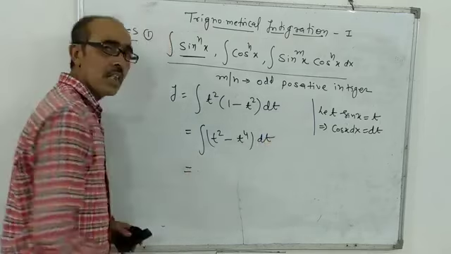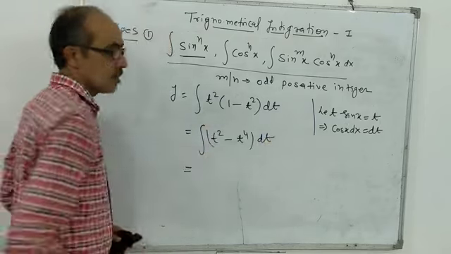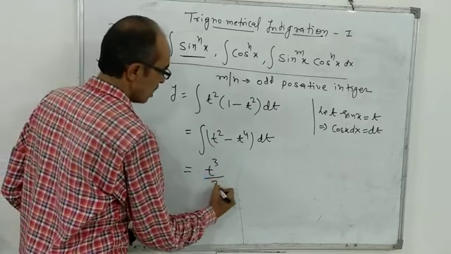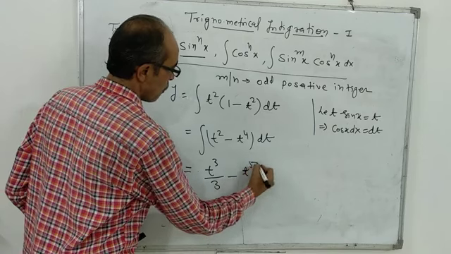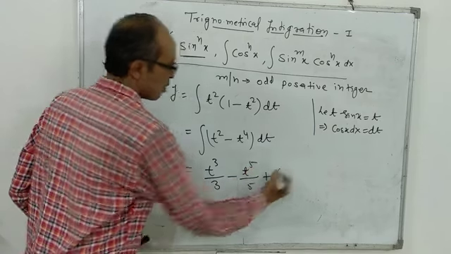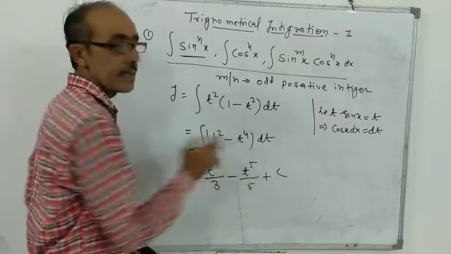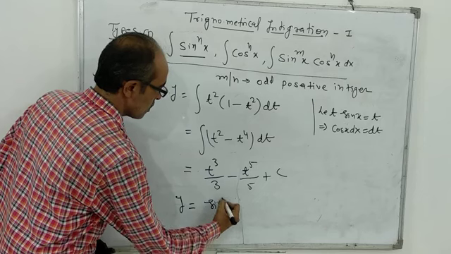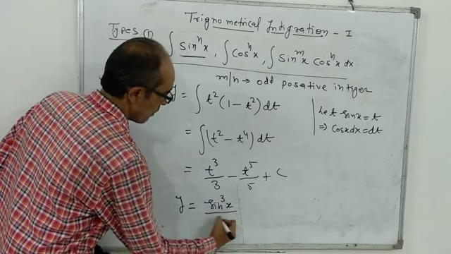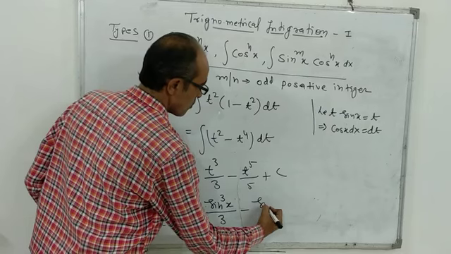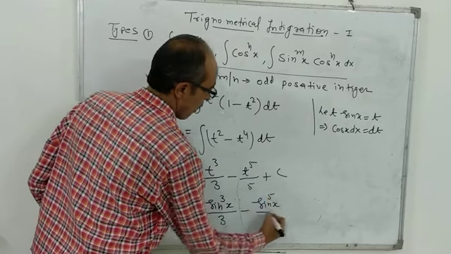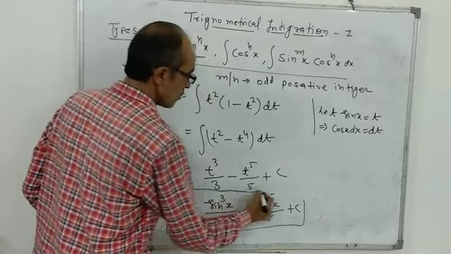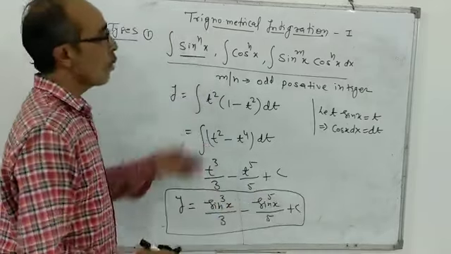By the formula, the integral of t to the power 2 is t cubed upon 3 minus t raised to 5 upon 5 plus constant c, and the value of t is sin x, so the integral I is equal to sin cube x divided by 3 minus sin x to the power 5 divided by 5 plus constant c. So this is the trigonometrical integral.